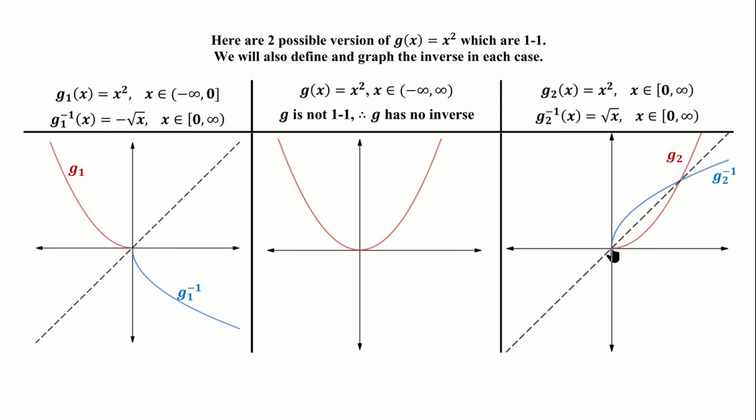Of course these keep going forever, but what we see here is clearly one-to-one. It passes the horizontal line test, and the mirror image with respect to the line y equals x this time will be this blue curve, which is defined by square root of x.